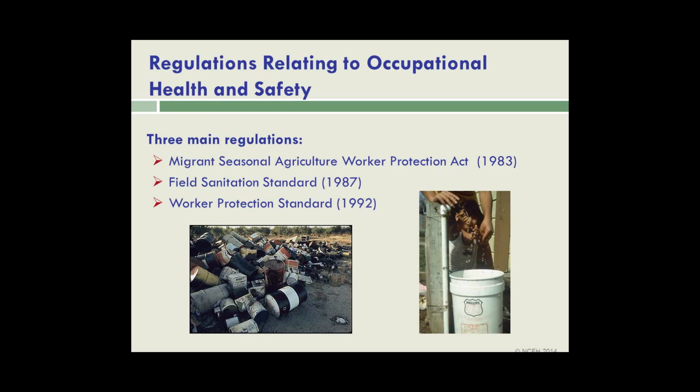And the Environmental Protection Agency, the Worker Protection Standard, a federal regulation designed to reduce pesticide poisoning by requiring safety training, notification of pesticide applications, use of personal protective equipment, restricted entry intervals after pesticide application, decontamination supplies, and emergency medical assistance.